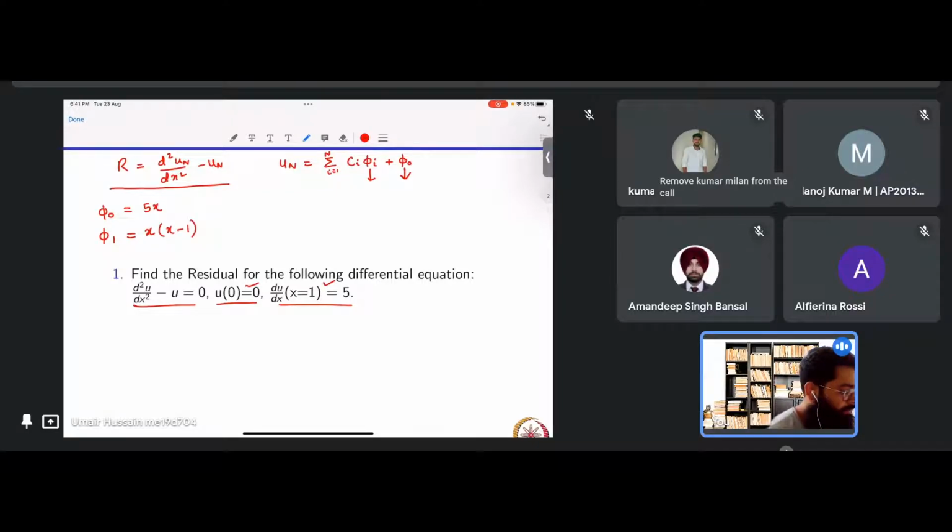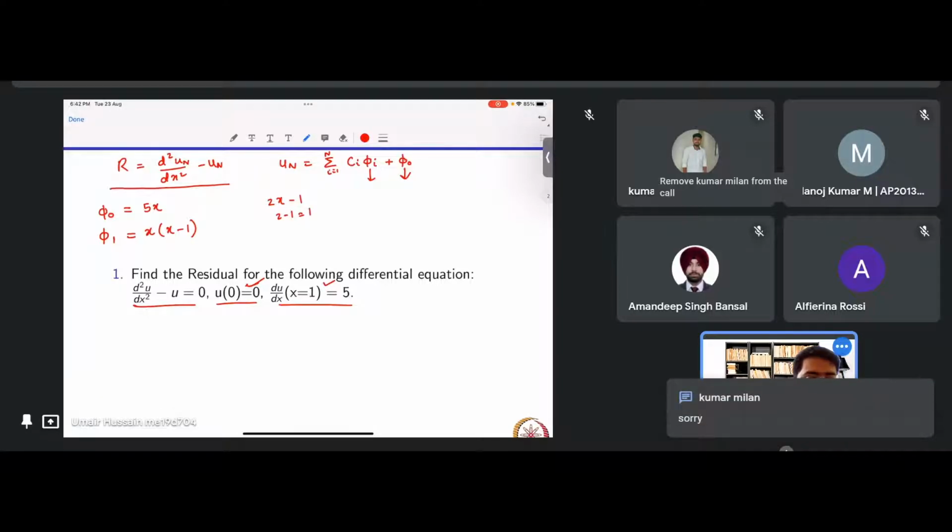Okay. So, first, of course, this is already in homogeneous form, so this is being satisfied, right? If we take x equals 0, it will go to 0. If I take its derivative, it would be 2x minus 1. And for x equals 1, this would be 2 minus 1, which won't be 0.